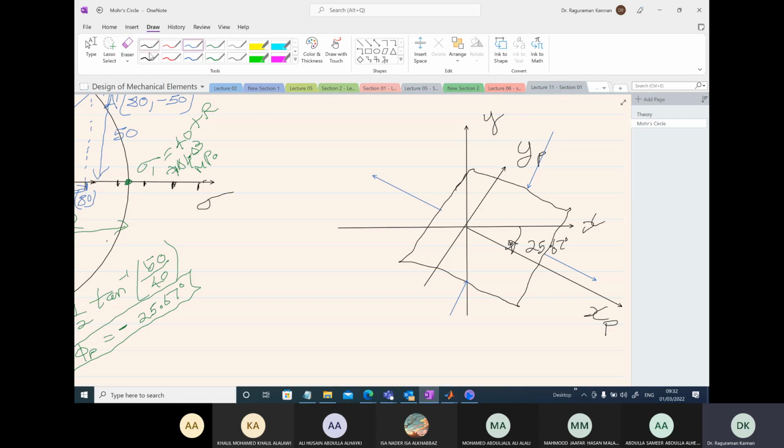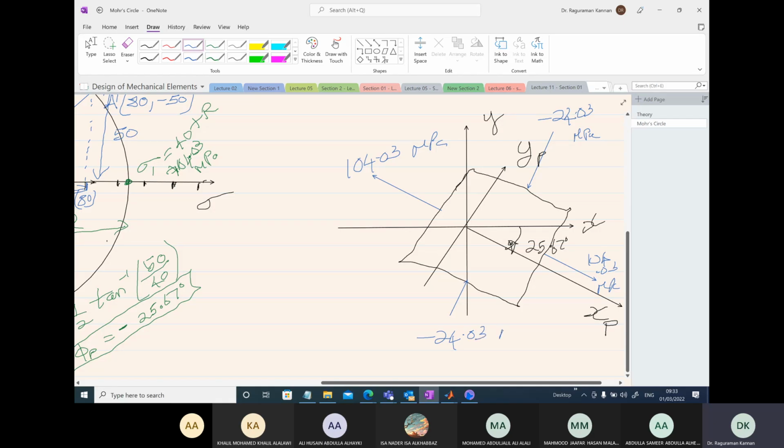The shear stresses are 0, we know that. Here it is minus 24.03 megapascal. Shear stress is 0.